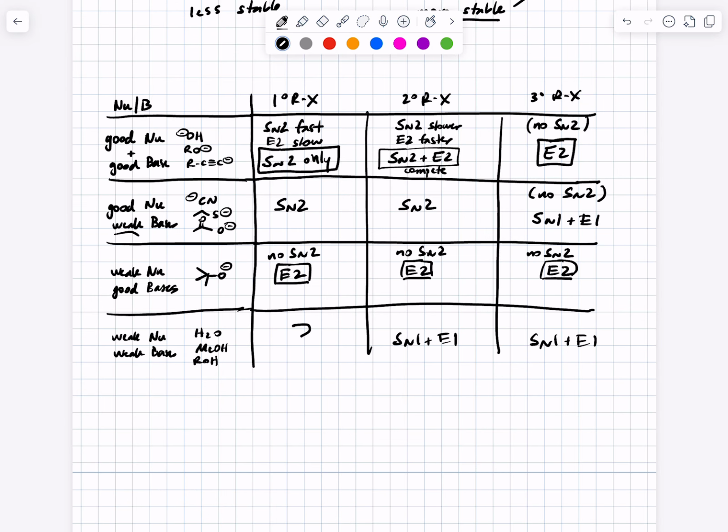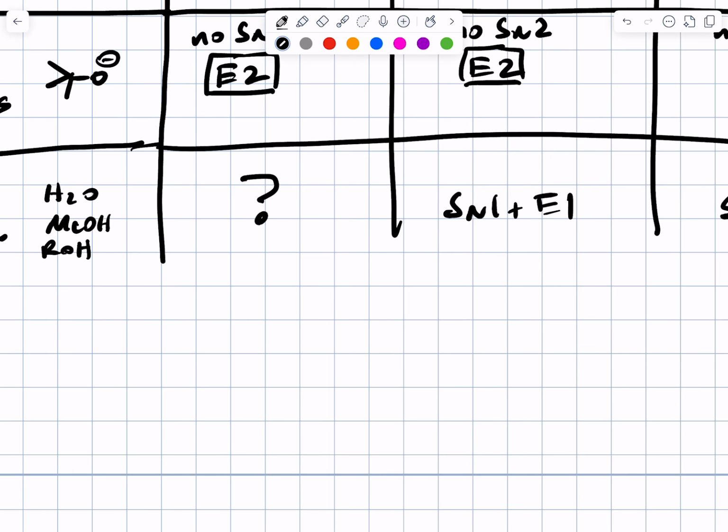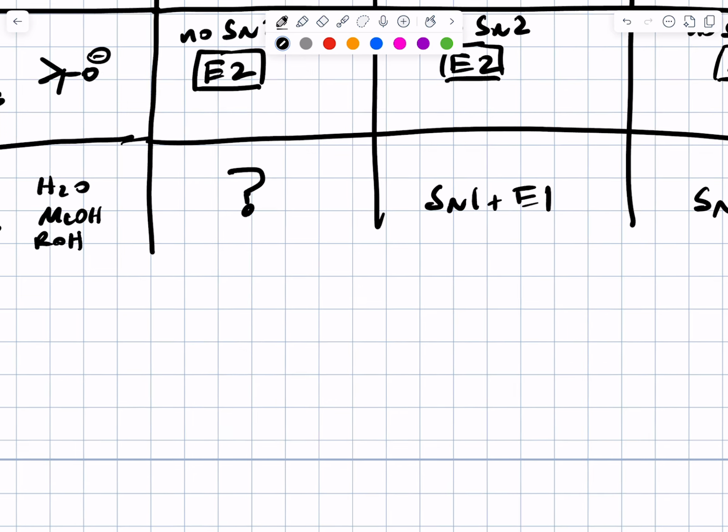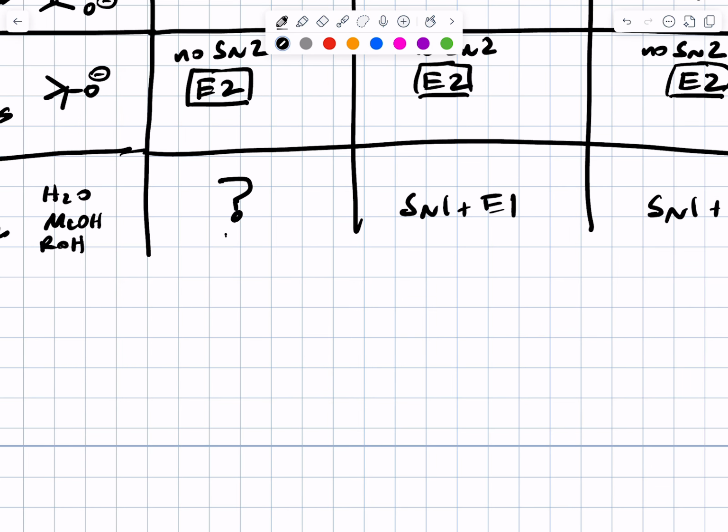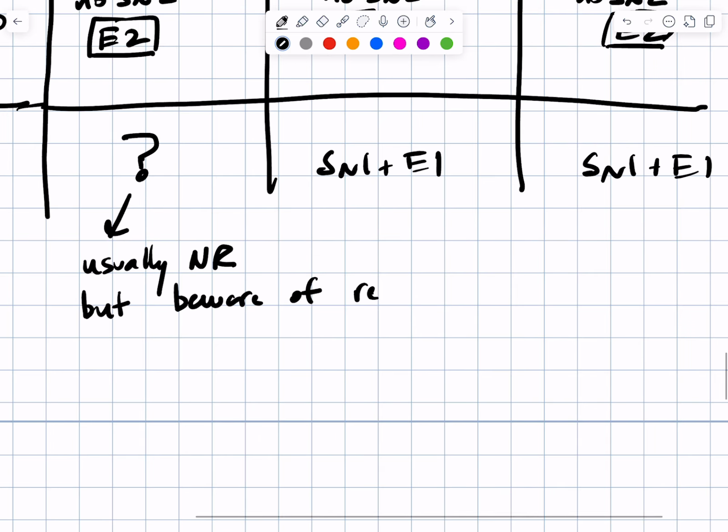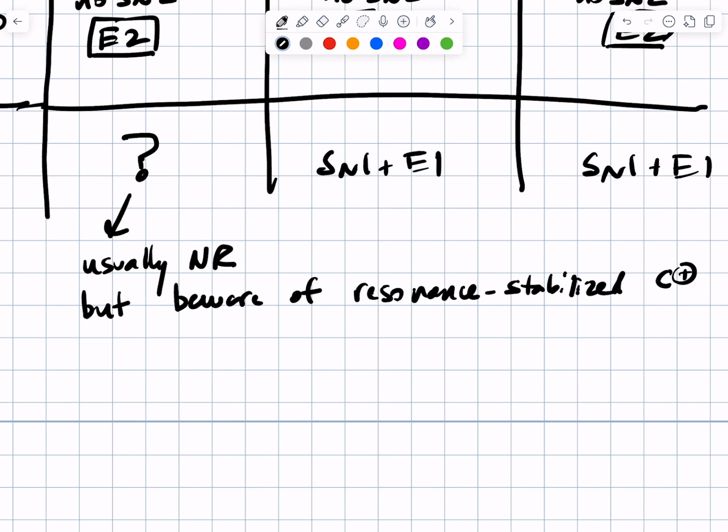Now, for a primary alkyl halide, I'm going to put the mystery question mark. And in general, we're going to say usually no reaction, but what should we beware of? Yes, beware of the resonance stabilized carbocationic intermediate where you would see SN1 and E1.